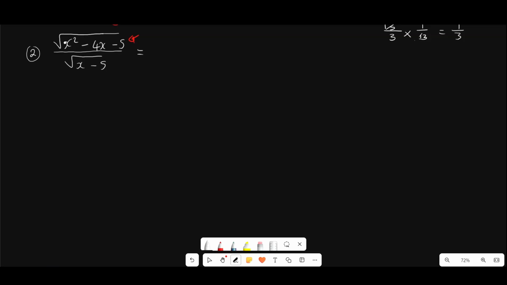So if here there's nothing I can really do, the question says to simplify further, and this one here can't be simplified, right?